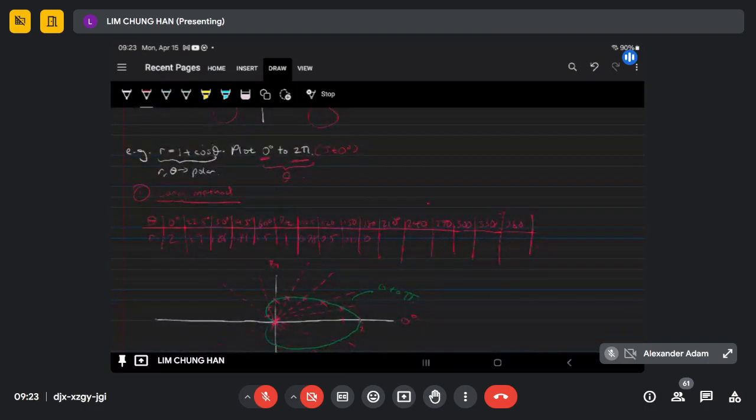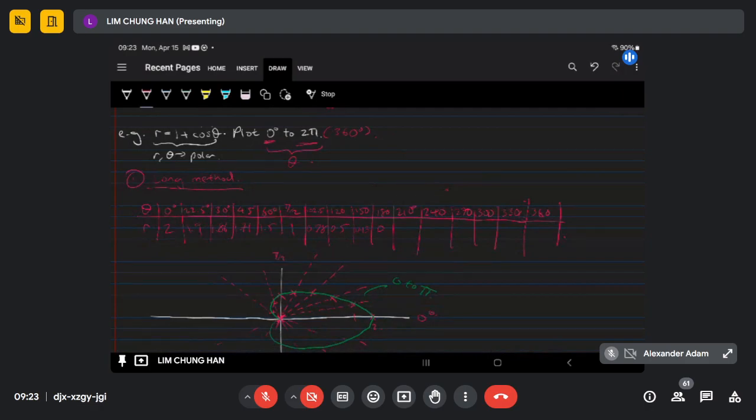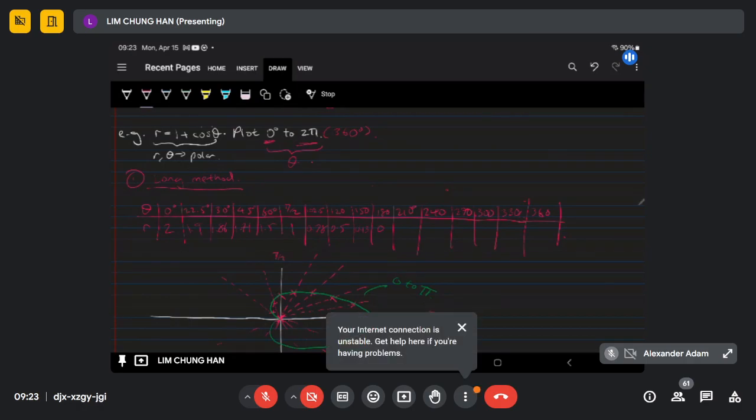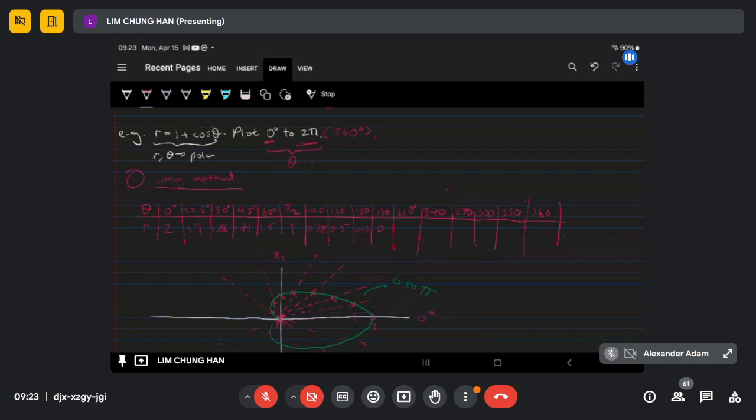Okay, so everyone understand? If I give you a question like this, I ask you to plot from 0 to 2 pi, you can use the long method, which is you plot all the points and then you draw the shape. Oh, I forgot to mention one thing.